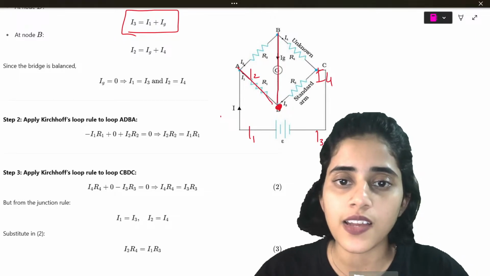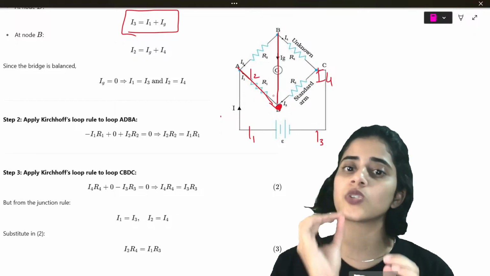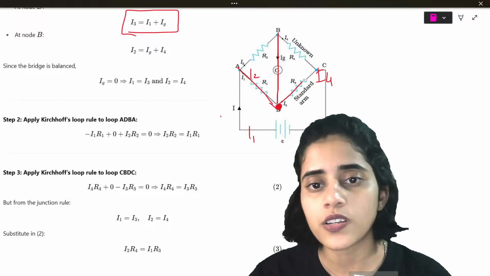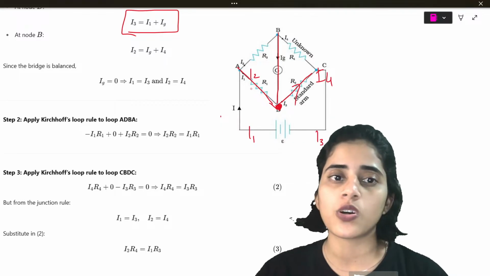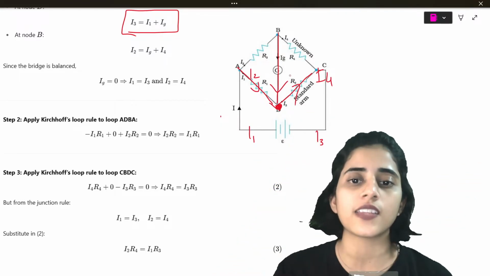I1 plus IG. Both of these currents together come and meet at node D, and these two together go here. So I1 and IG come and they go to I3.